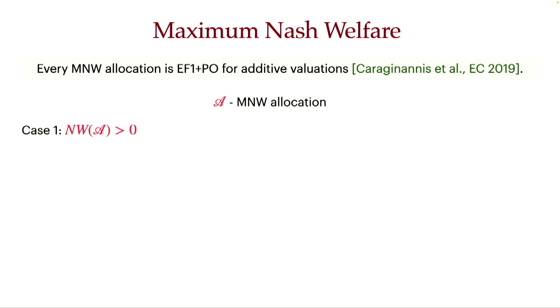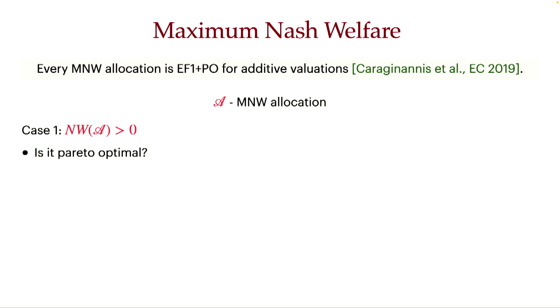Let us say A is an allocation that maximizes Nash welfare. There are 2 cases, it could be greater than 0, it could be equal to 0. Let us first consider it is greater than 0. Can I easily argue that it is Pareto optimal? Why?